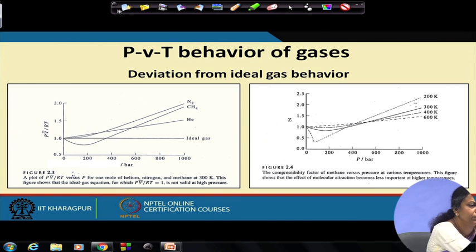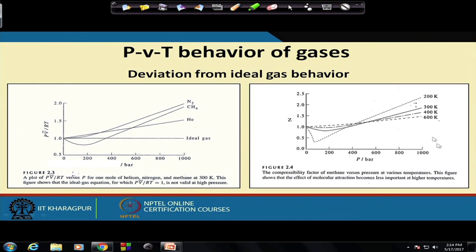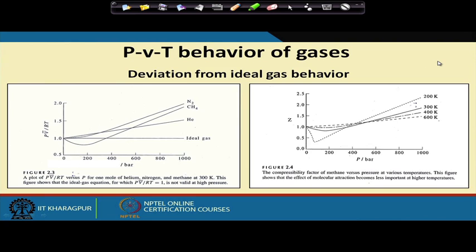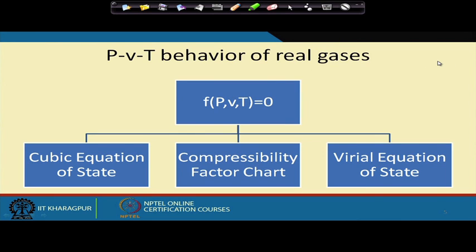Now, what are the different equations that we have? The equations can broadly be classified in two ways. One is the cubic equation of state; the immediate example of this, which all of you are aware of, is the van der Waals equation.